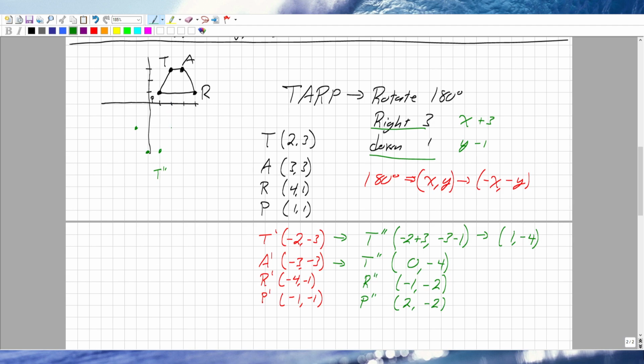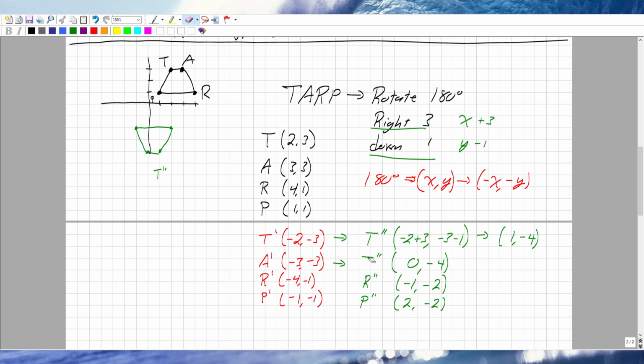And here is my new trap, if I could draw straight lines on here. With T double prime, yeah, I should correct that.